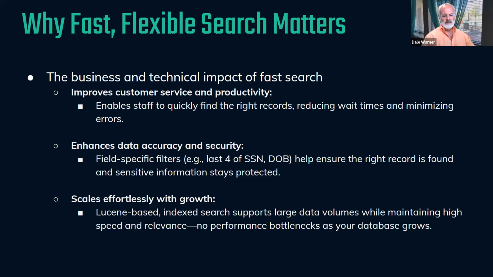You'll see us use, for example, the last 4 digits of a social security number or a date of birth. That could be a PIN. Maybe if users have a PIN that they need to access their records, you could use that instead of the last 4 of the social security. But it helps find the right record and gets to it very quickly and securely.